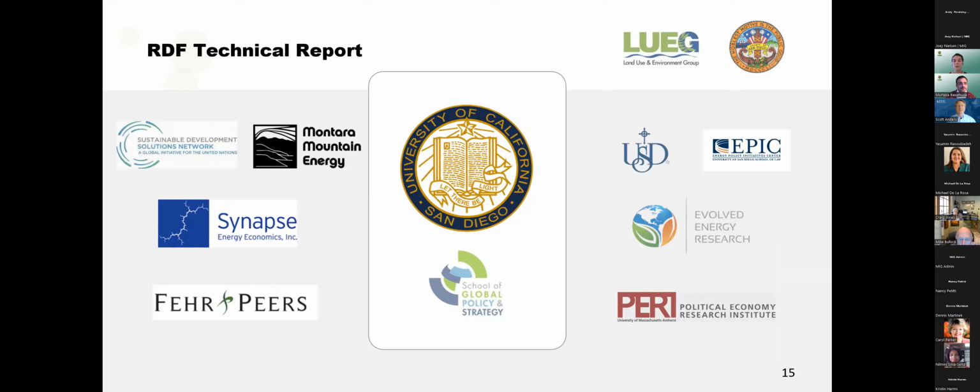The technical report was authored by a team led by the University of California, San Diego School of Global Policy and Strategy, working in collaboration with the Energy Policy Initiative Center, or EPIC, at the University of San Diego School of Law, and other consultants with technical expertise in different sectors.